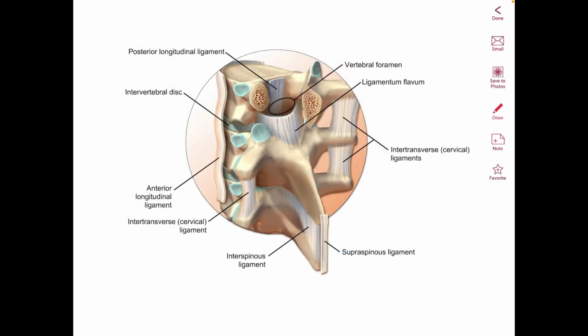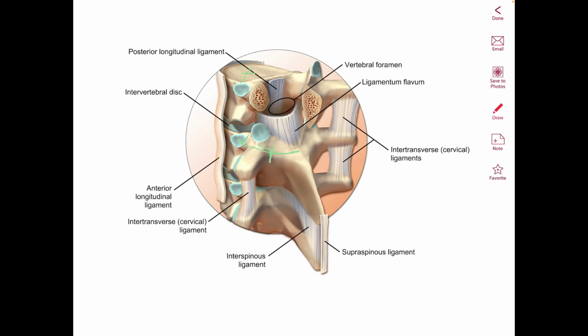Some of the general features of the vertebral column include the vertebral body, which is this part right here anteriorly, and it's shaped like a short cylinder. And there's also a vertebral arch, which is a bony arch that forms the posterior part of the vertebrae. To find it, you're going to have to find the lamina and the pedicles.